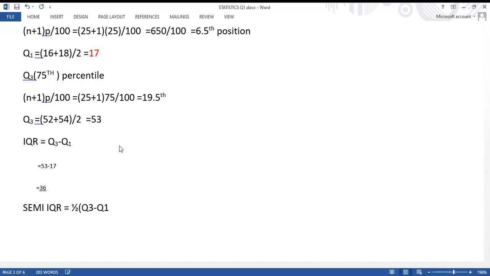So basically you just have to find half of the interquartile range. So that will be equal to half of 36. And what's half of 36? 18.